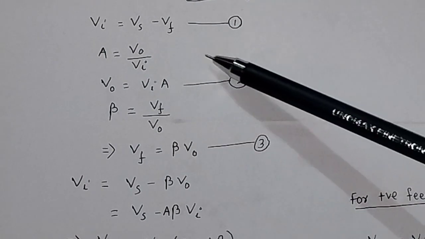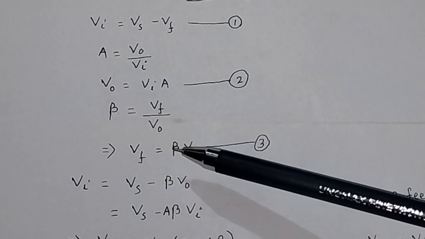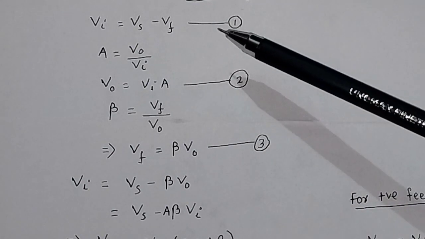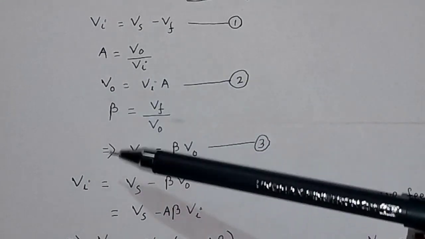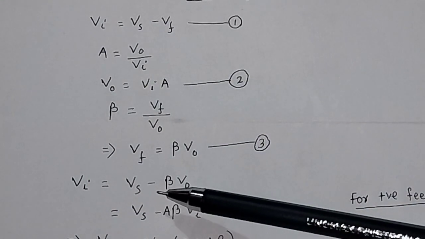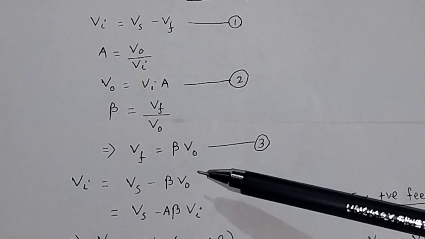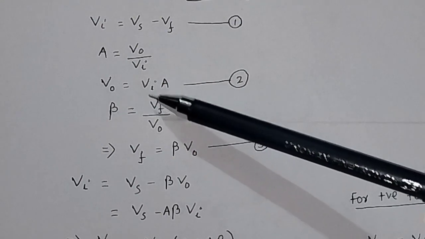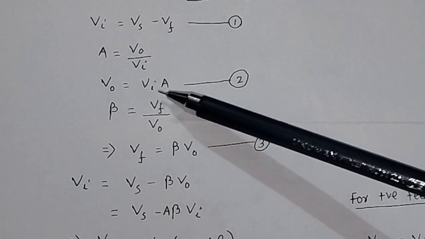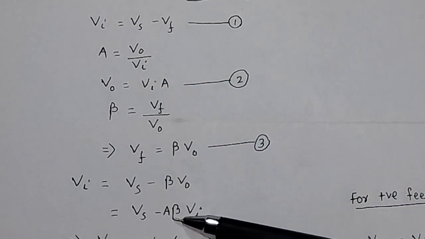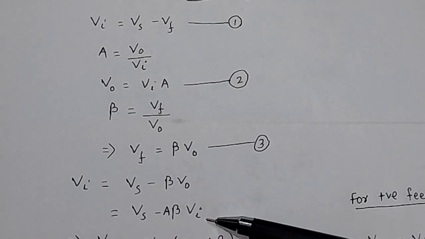So if you substitute the value of Vf, the feedback voltage, from equation 3 in equation 1, then the input voltage Vi will be equal to the source voltage minus beta into Vo. So if you substitute the value of Vo, the output voltage, from equation 2, that is equal to Vi into A, then this will be equal to Vs minus A beta into Vi.